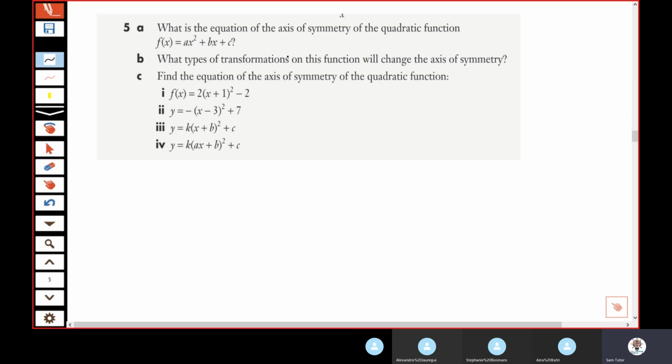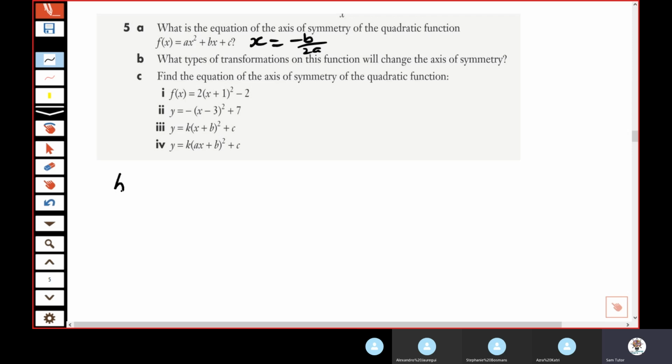What is the equation of the axis of symmetry? That should be easy. x equals negative b on 2a, right? What types of transformations on this function will change the axis of symmetry? Okay.